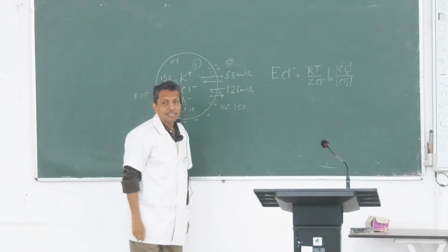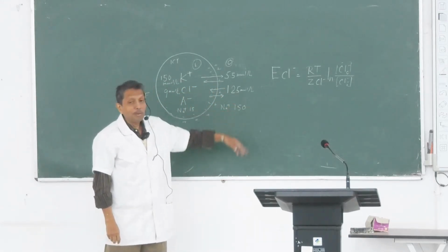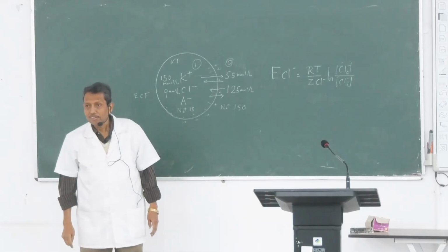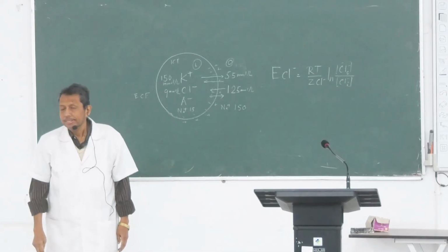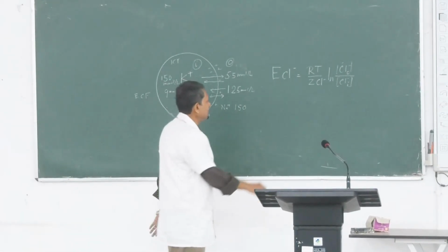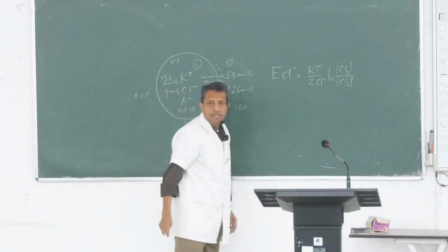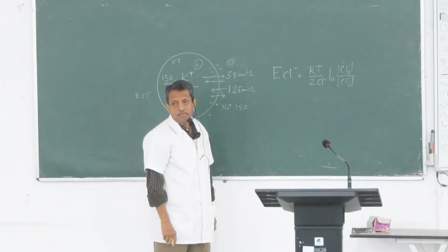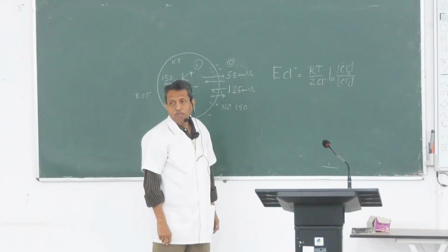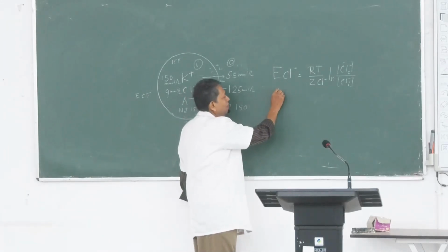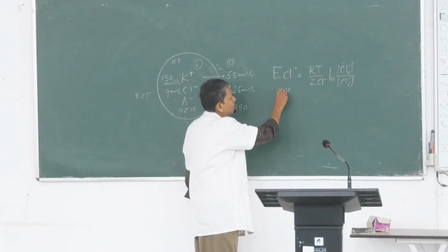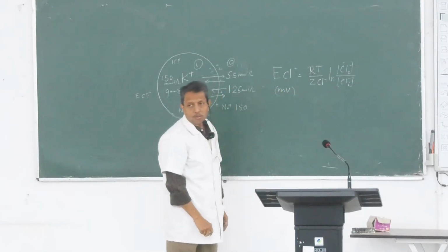It is the equilibrium potential of the chloride ion, and it is expressed in millivolts. Energy per mole is considered in this, and it is taken as millivolt only.